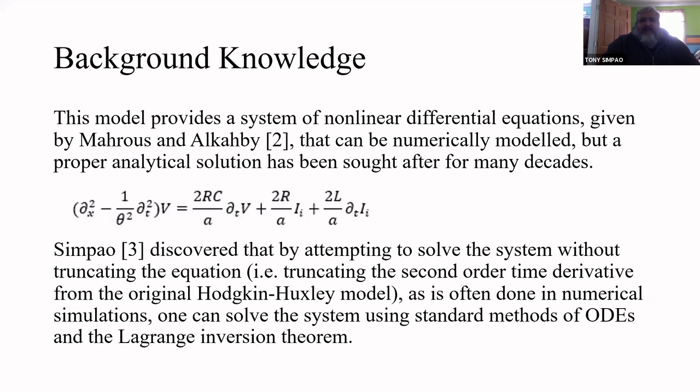In that case, it would just be the traditional Hodgkin-Huxley system, traditional in the sense that the original model put forth by Hodgkin and Huxley did include the second order t, but in the thought that it may simplify numerics to just include the first order time derivative, thereby making this basically a nonlinear diffusion type equation, those solutions were hoped to achieve at least better numerical estimate solutions, correct?